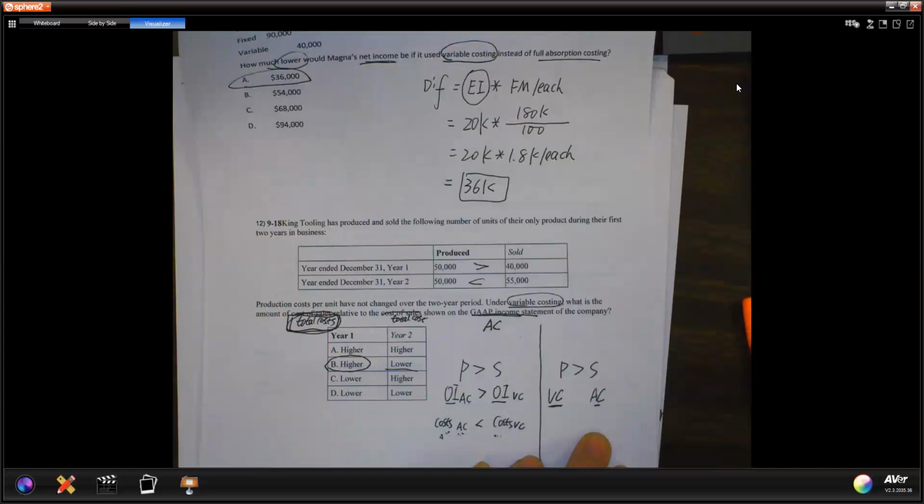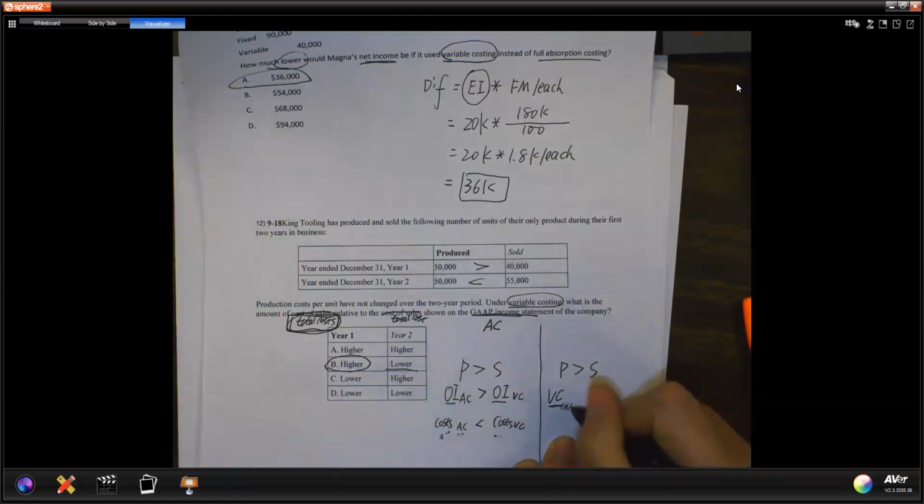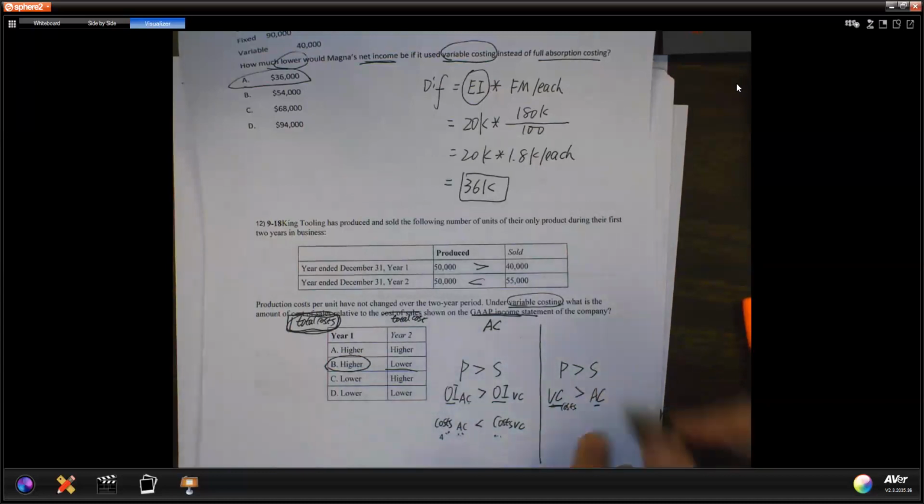You only subtracted the cost that is sold. The part that is not sold is deferred. Variable costing subtracted all the cost. Absorption costing subtracted part, and the other part is deferred in your balance sheet. So just think about that. Then your total costs will be more using variable costing than using absorption costing.